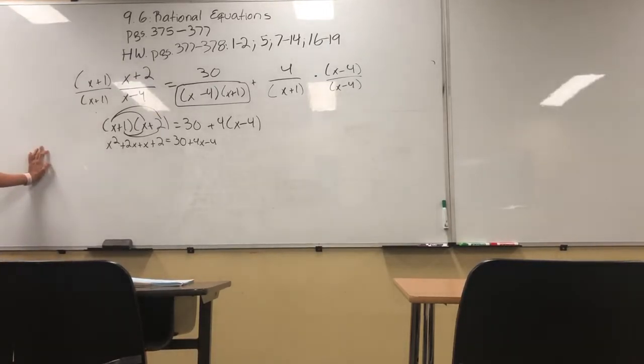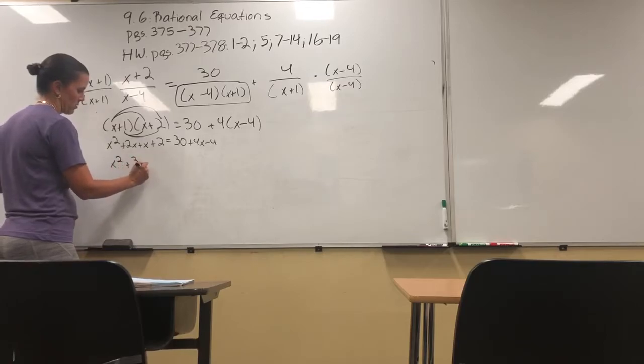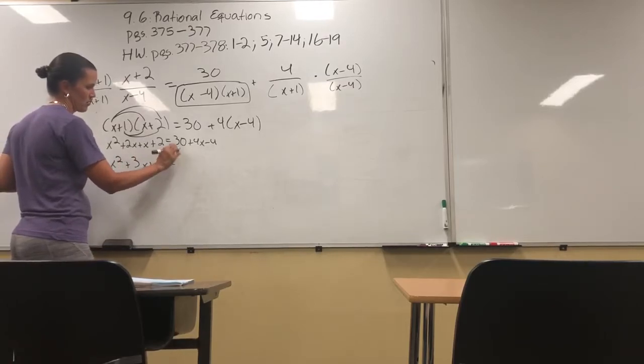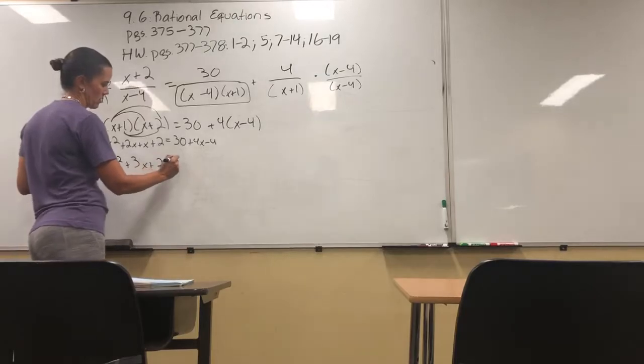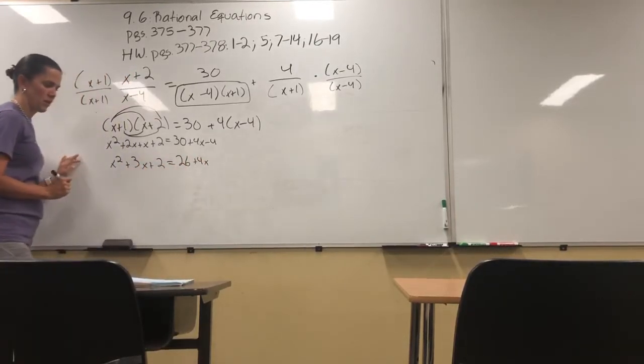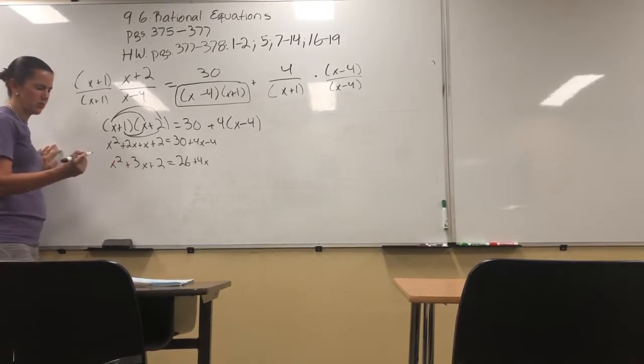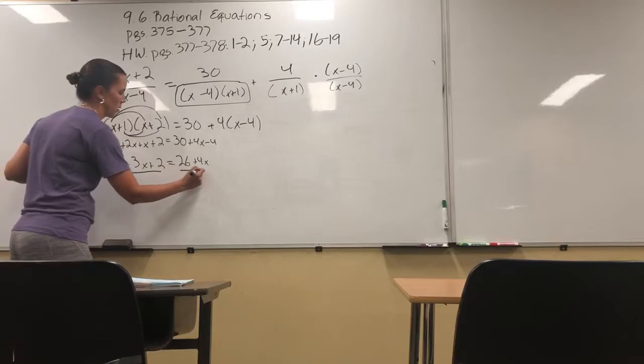Now there's a few terms I'm going to be able to put together. I'm going to have x squared plus 3x plus 2 equals, the 30 and the 4 can go together. We get 26 plus 4x. Now here we can bring the denominators back if we want to, but you're going to see something cool in a minute.